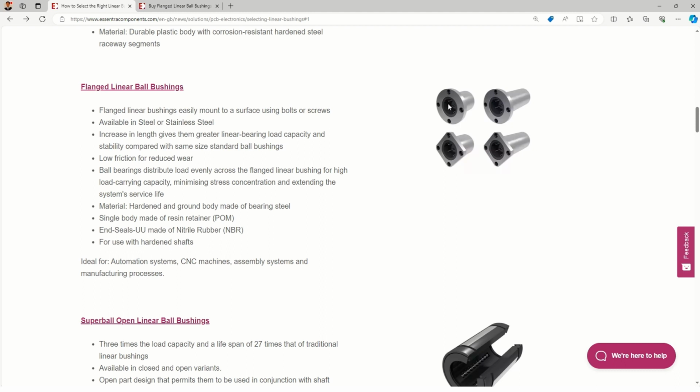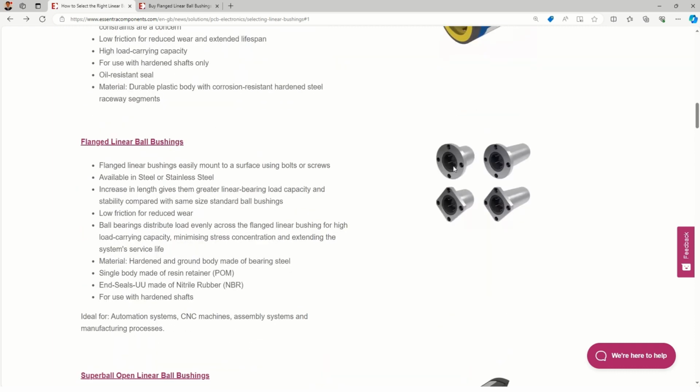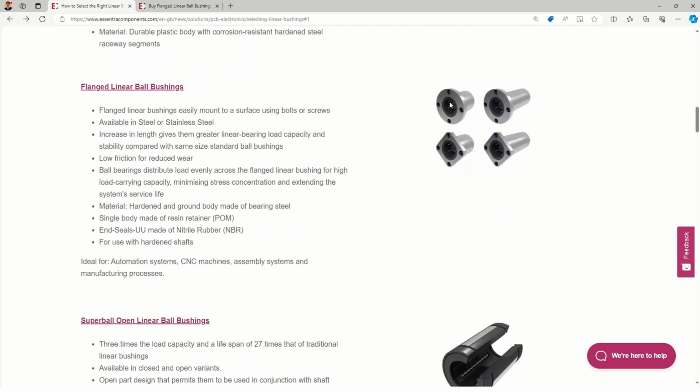So the flange bearing is very useful and widely used in many machines. They are available in round flange, compact flange, square flange, and in short and long lengths also.